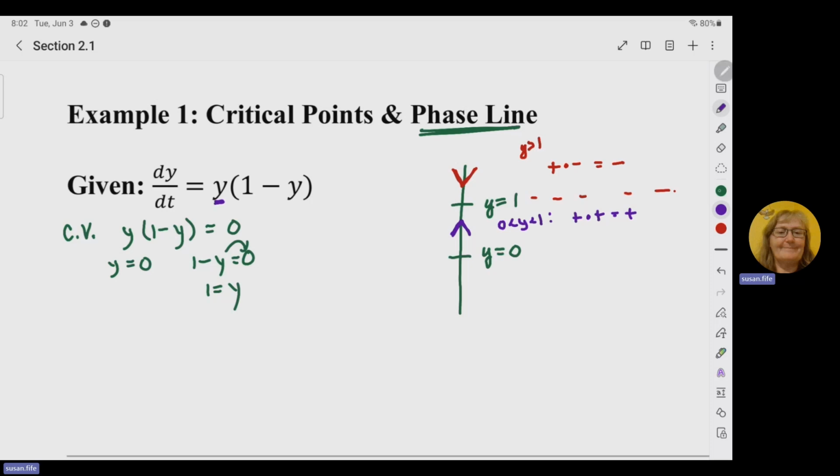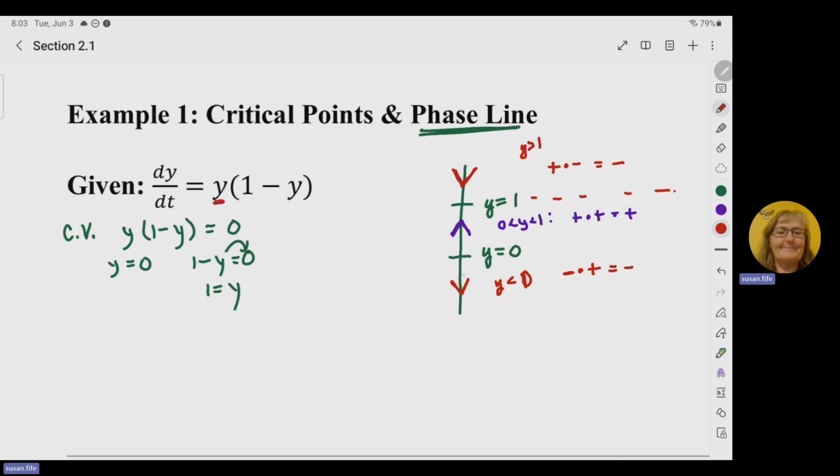And then when y is less than 0, I'll use -1 as an example. The y value is -1, that's negative. 1 minus -1 is 1 plus 1, or 2, that's positive. So we get a negative times a positive, which gives us a negative, and that gives us a negative slope.